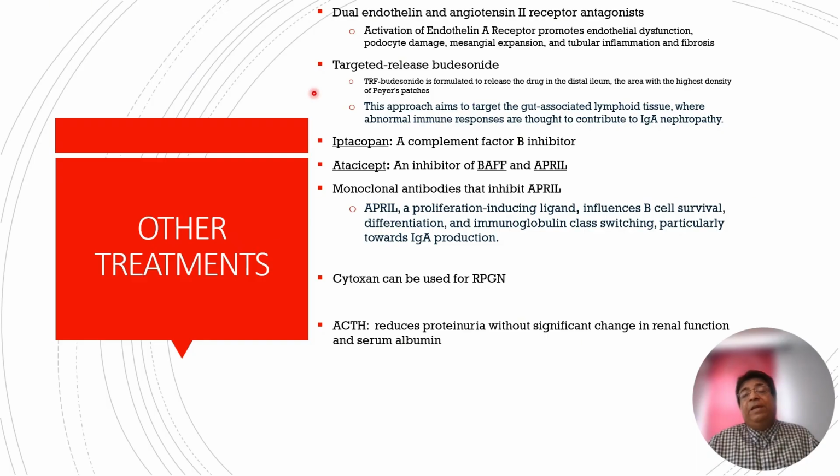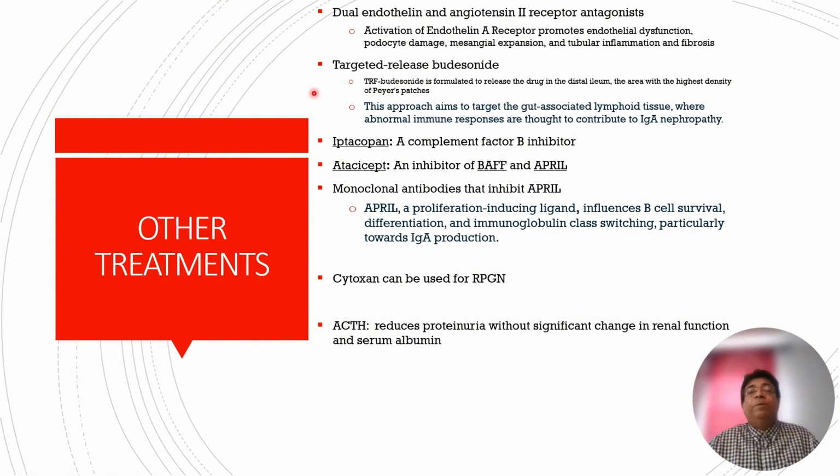So instead of having a non-specific approach to immunosuppression, it was thought that why don't we attack the gut-associated lymphoid tissue, which is highest in the Peyer's patches of the distal ileum. And that's what targeted release budesonide does.